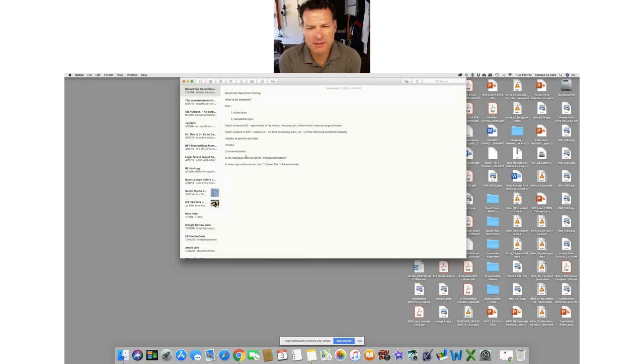Peripheral risk means there's been some compromise to their vessels, meaning they've just had vascular surgery or trauma to their veins, something along those lines.